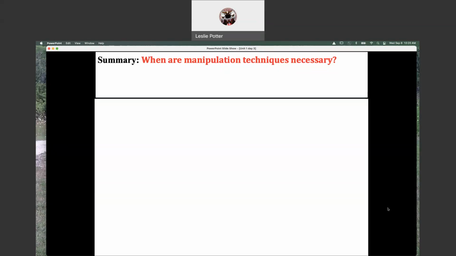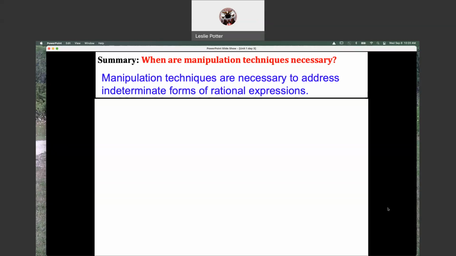And I just plugged in my approach to value, and I got 0 over 0. So indeterminate forms of rational expressions: 0 over 0, and infinity over infinity, which is rare, but it does happen.